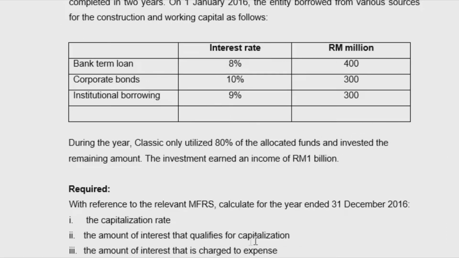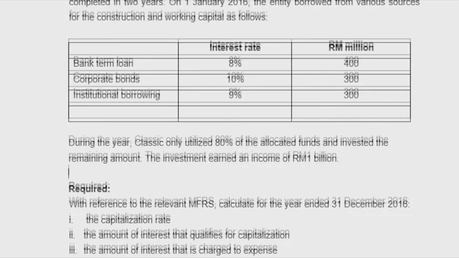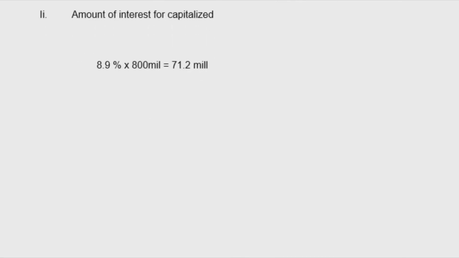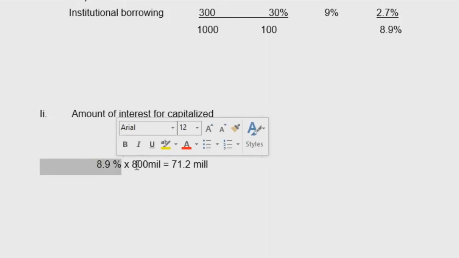For question number 2, we need to calculate the amount of interest that qualifies for capitalization. In the question above, we know that Classic can only utilize 80% of the allocated funds and invested the remaining amount. So in our answer, we take the capitalization rate of 8.9% times 800 million.